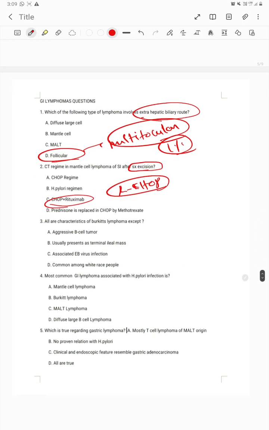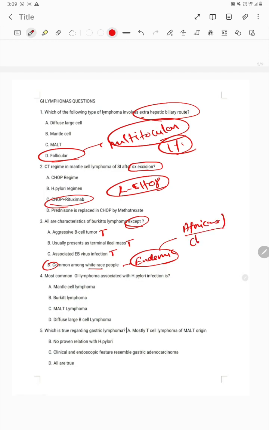All are characteristics of Burkitt's lymphoma except: it is an aggressive tumor, true. Usually can present as terminal ileal mass, true. Associated with Epstein-Barr virus infections, true. Common among white people, no. It is an endemic condition, especially common in Africans and children.